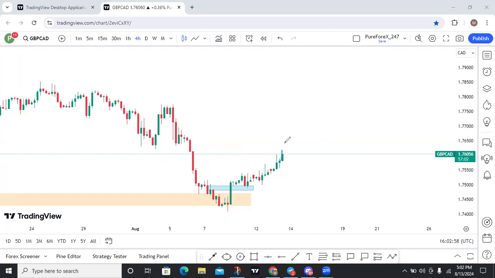But in this case, if the market retraces back without breaking, and then if we see confirmation, we're going to buy. But the best buy on GBPCAD is when the market finally takes out this obvious high here. This was the last obvious high. So when they take out this obvious high, definitely there has to be a Quasimodo for us to buy. So everything is just patience.